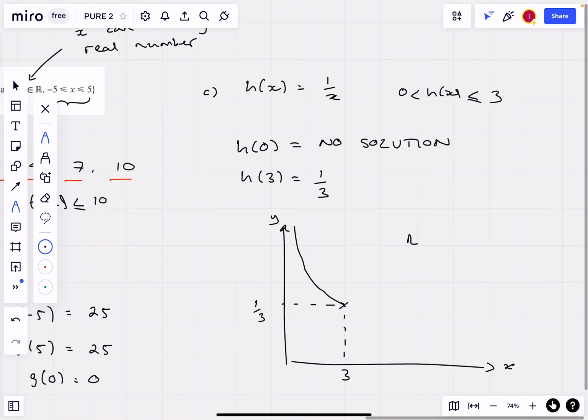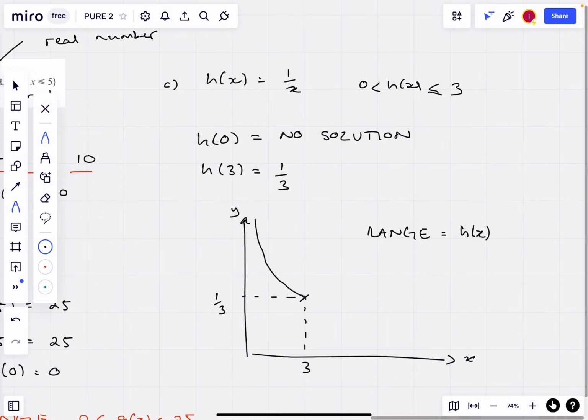So my range in this case will be h(x) is greater than or equal to a third, because this is infinite. So there's no upper limit. There is a lower limit, 1/3, and it is equal to. And there you go. That's how you work out the range. And that is how you work with domain and range.